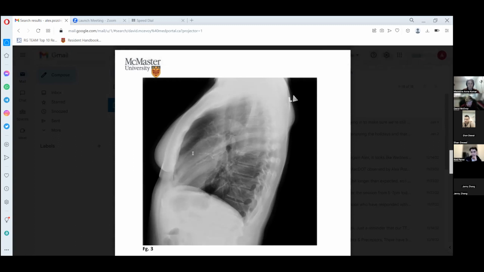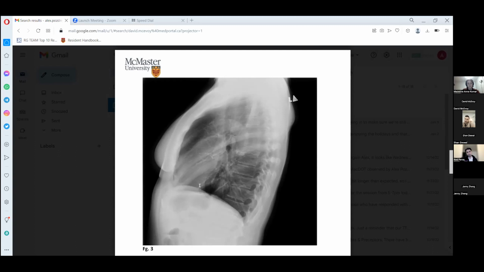So we really can't see any opacities in the soft tissue. We don't really see anything in the area, it's pretty well preserved. This is probably just a rib, and all of this is still quite dark. Here we notice the part of the lung that contains the lower lobe.